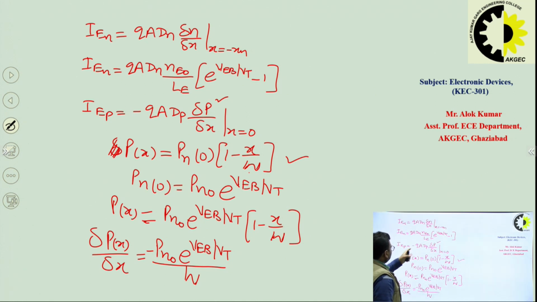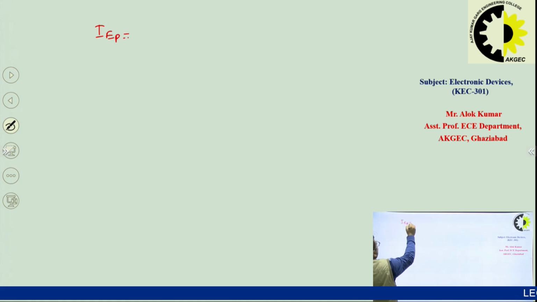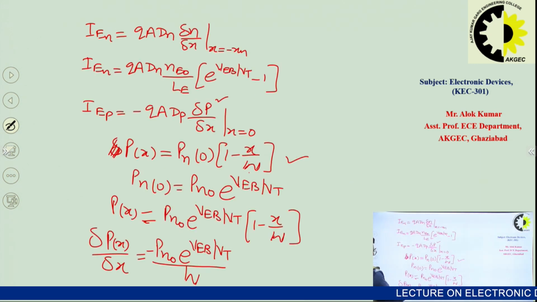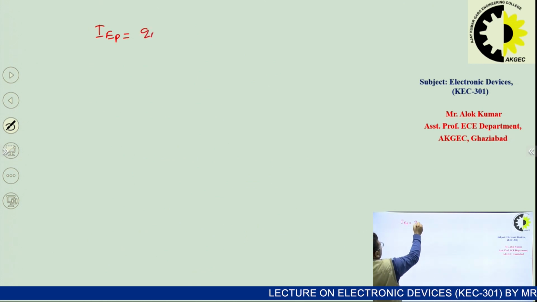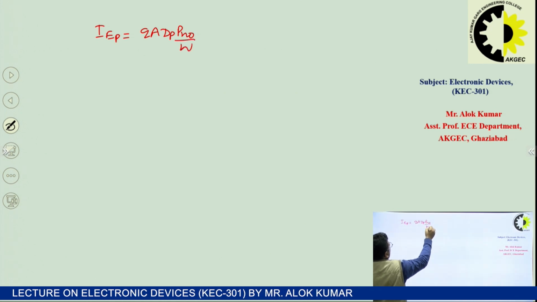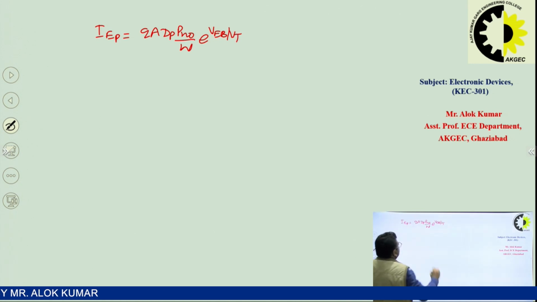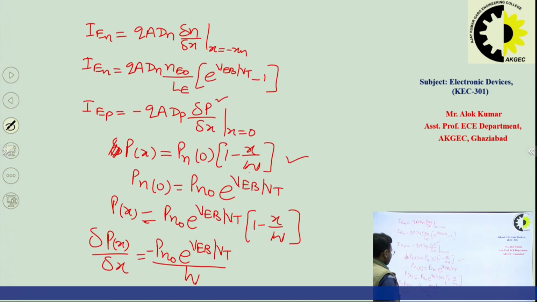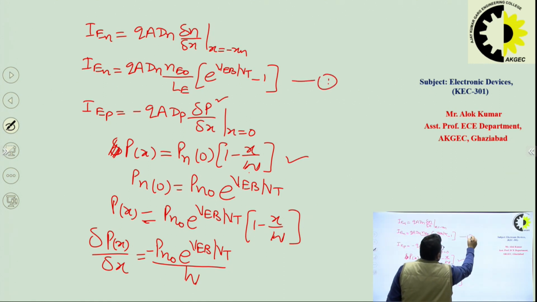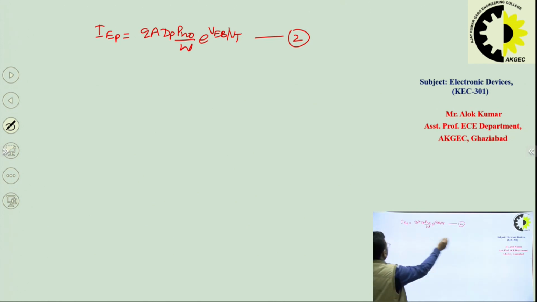Now if I put the value here, the final value of IEP will be, this minus will get plus, and it will be q times A times Dp times Pn0 upon W times e^(VEB/VT). This will be the value of IEP. So suppose we can say this is equation number 1 and this is equation number 2, right?